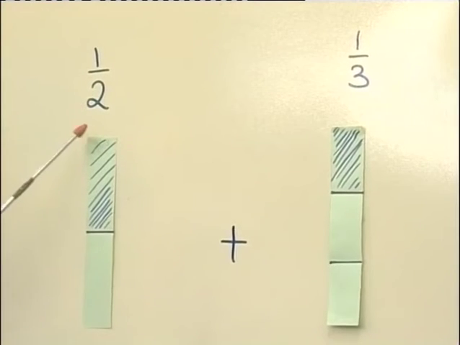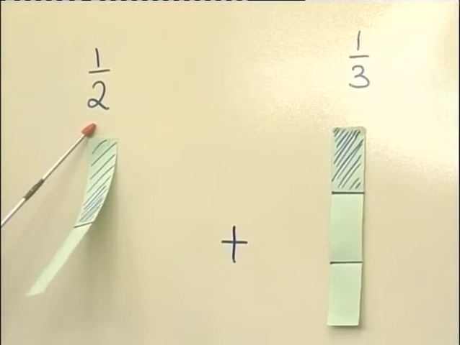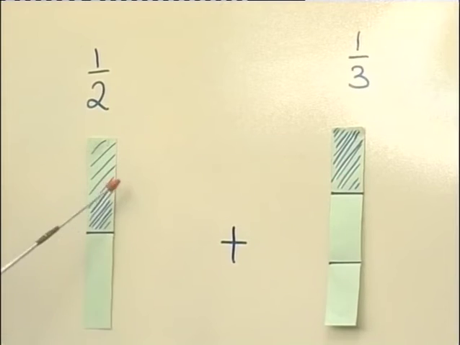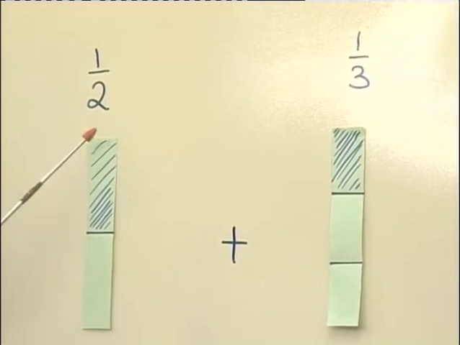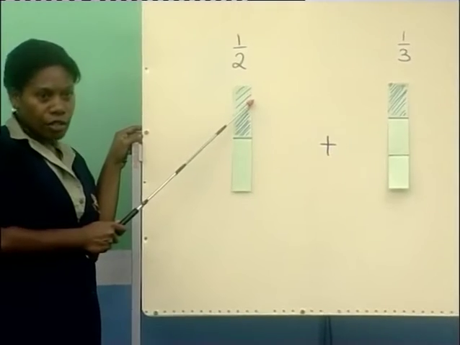Now, knowing that you see the denominators, are they the same? No, they're not the same. They are different. So how can I add a half plus a third with different denominators?